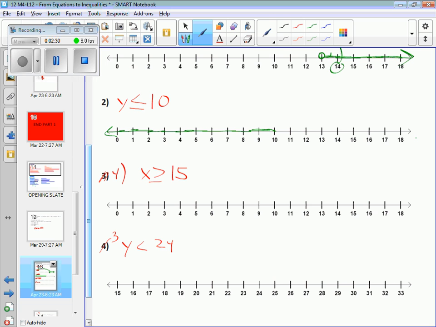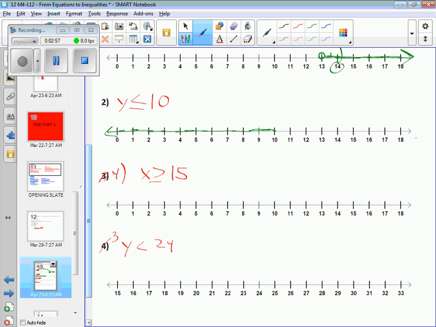Make an arrow to show that it's going to keep going on to negative infinity. So therefore, does 9 make the statement true? Does the integer 9 make it true? What about 8? Negative 8. Yes.